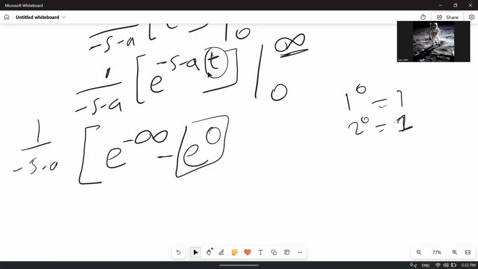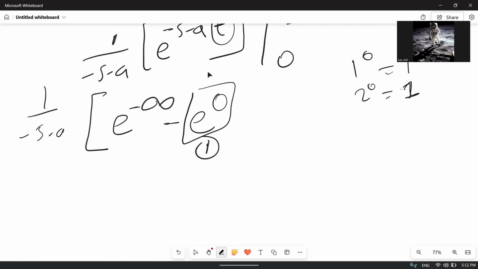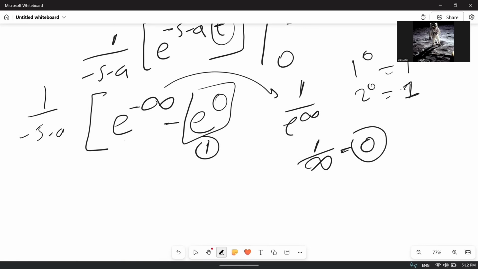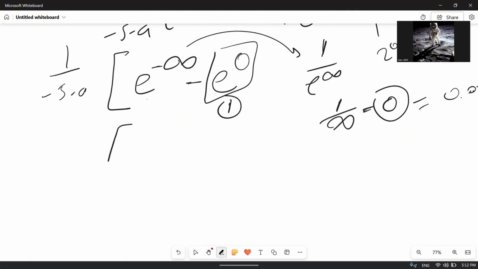So now we know this is 1, and e to the minus infinity is also going to go to 0, because it's the same as 1 over e to the infinity, and 1 over infinity is simply going to be 0, because it's a really small number like 0.000 something. Okay, so 1 over s minus a, times 0 minus 1.